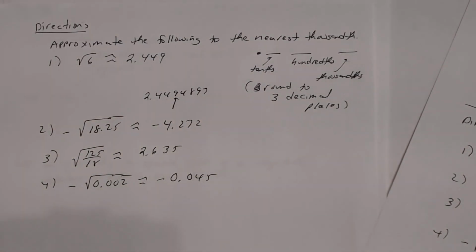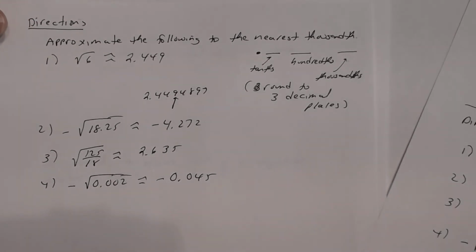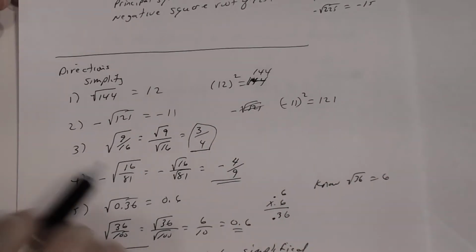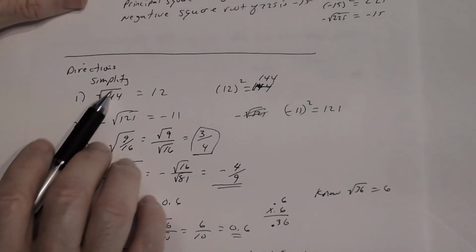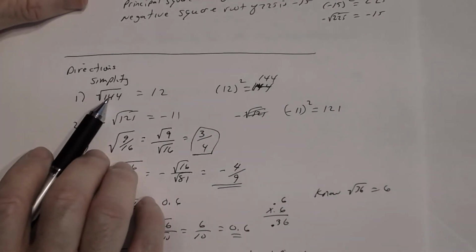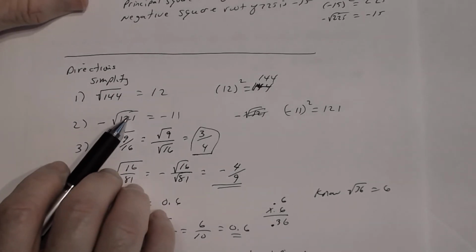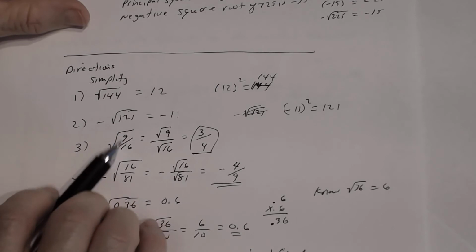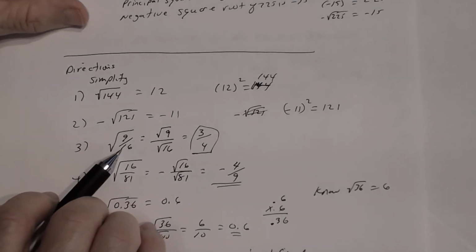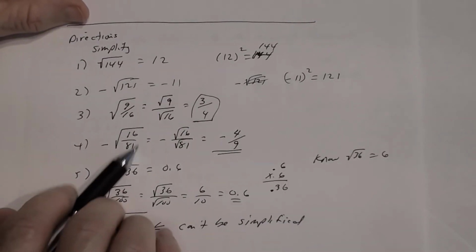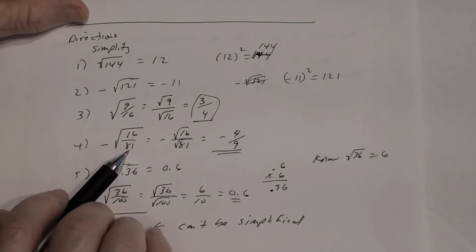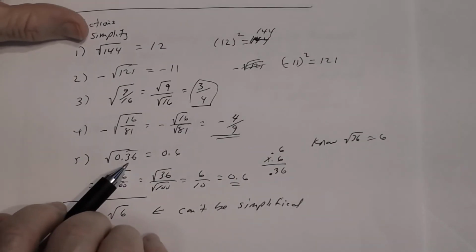Now one more thing we need to talk about. I want you to notice something about the radicands. This radicand was a positive 121, this was a positive 9/16, this was a positive 16 divided by 81, and so on.